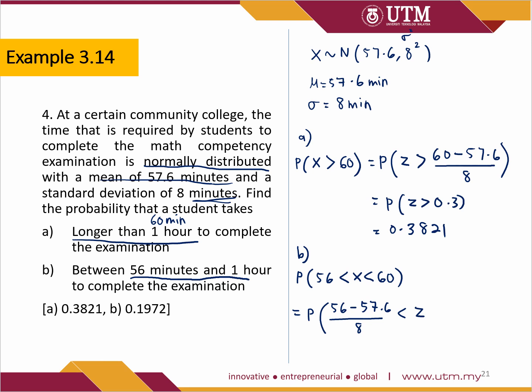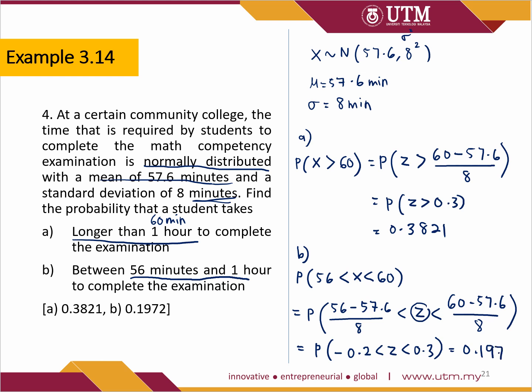Since we have transformed this into standard normal, we just write it as z. Then 60 minus 57.6 divided by 8. So you will get this as between negative 0.2 and 0.3, which equals 0.1972.